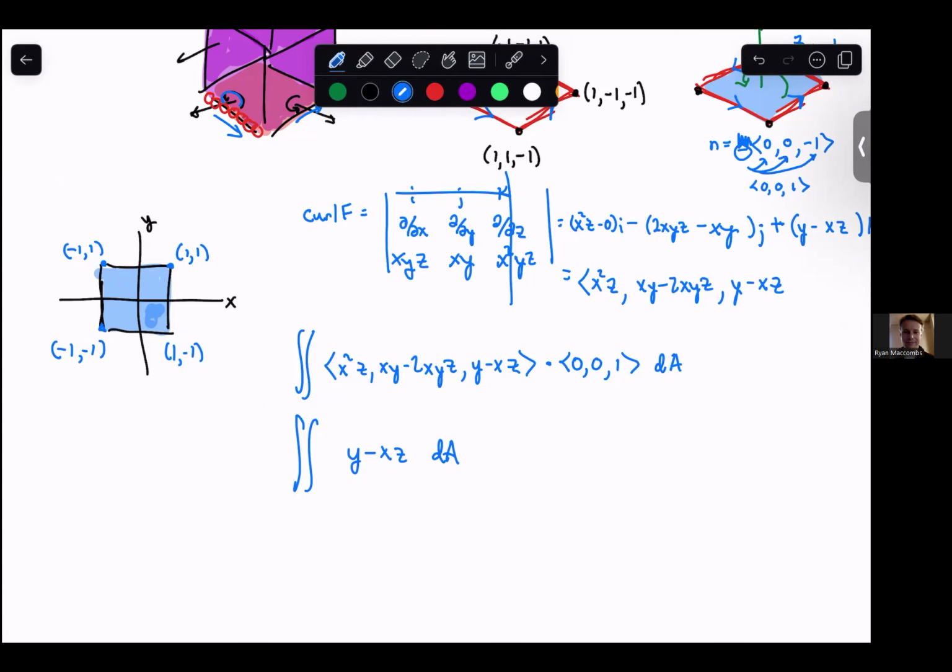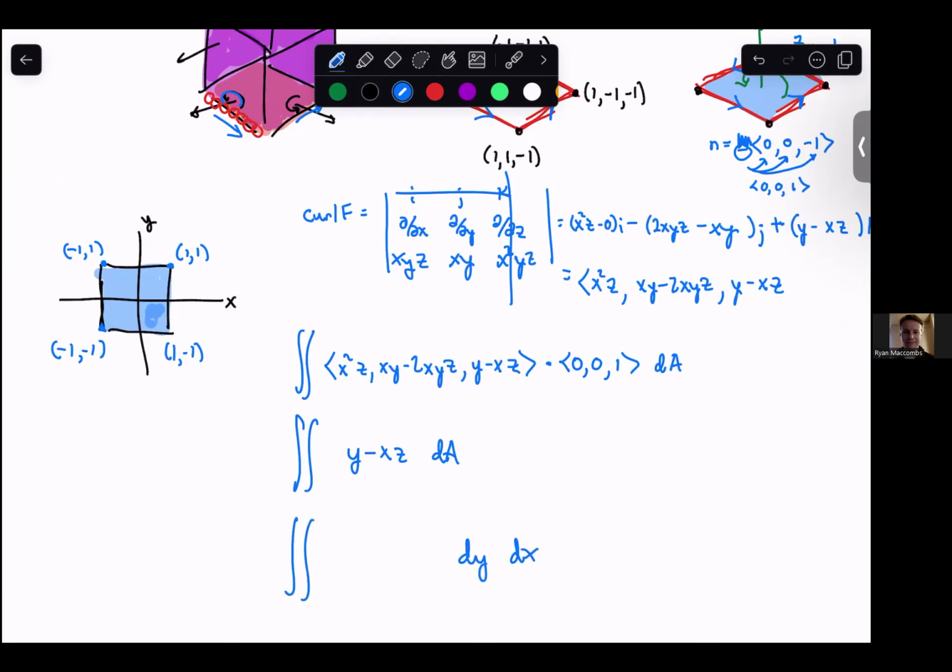And so when I'm choosing how I want to integrate this, I can integrate either with respect to x first or with respect to y first, or in polar coordinates, which hopefully you disregard quite quickly. This isn't anything circular, so let's stick to rectangular coordinates. It really doesn't matter if I do y first or x first, so I'm going to choose dy dx.